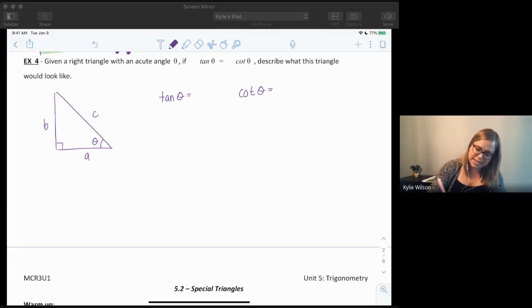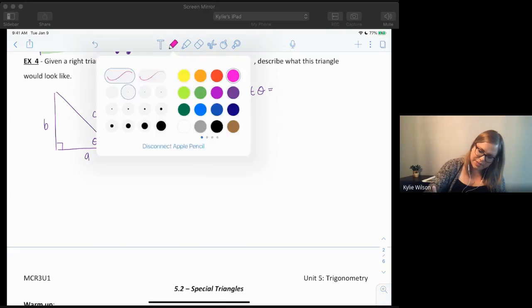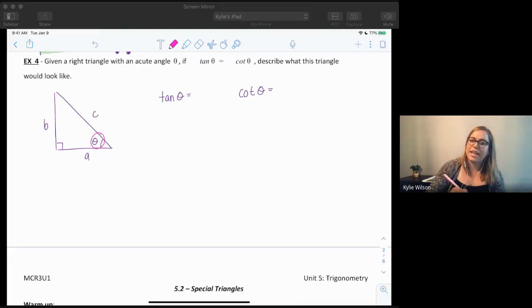So tan theta, I'm going to start by circling my angle and labeling my sides. The side across from the right angle is my hypotenuse. The side touching my angle is my adjacent. And the side across from my angle is my opposite.